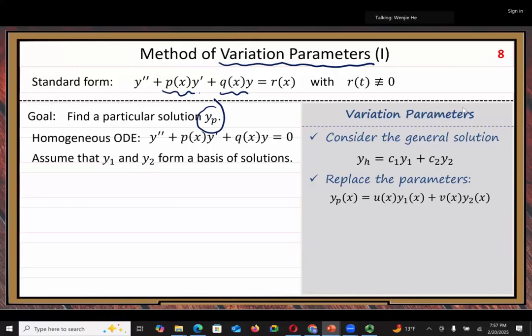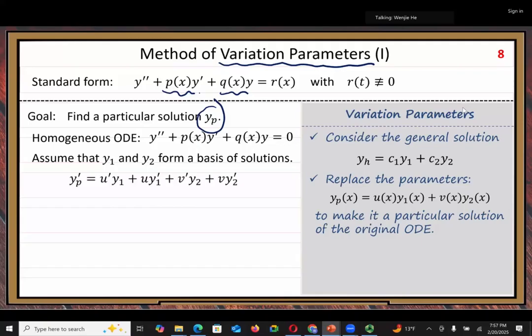Then we need to determine the u function and the v function. If we can find a way to calculate them, then we can get this yp function, making it a particular solution of the original ODE.